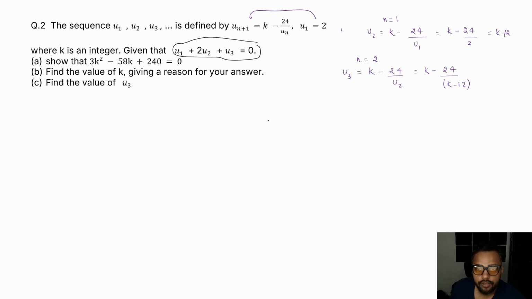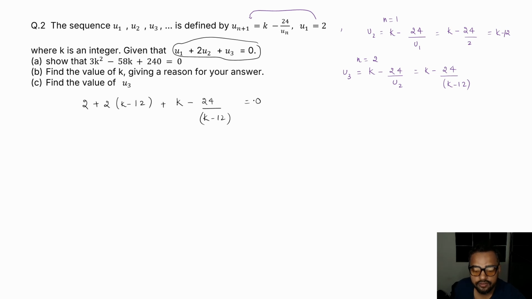Here we'll be getting u1 was 2, plus 2 times u2. u2 will be k minus 12, plus u3. u3 here is k minus 24 upon u2, which was k minus 12, equals 0.